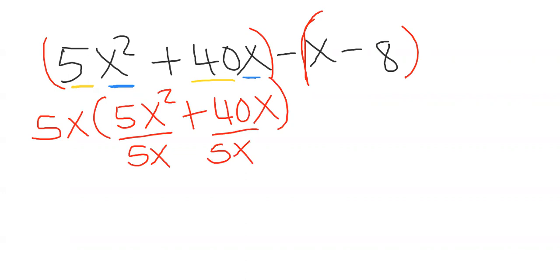Then we move on to this side. There is a 1 here, but the 1 is not written. So you have to look for the highest common factor of 1 and 8, and that common factor is 1.